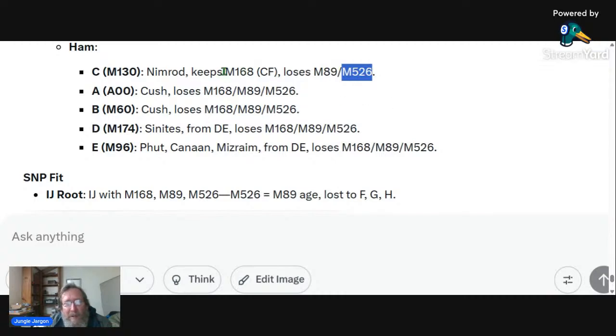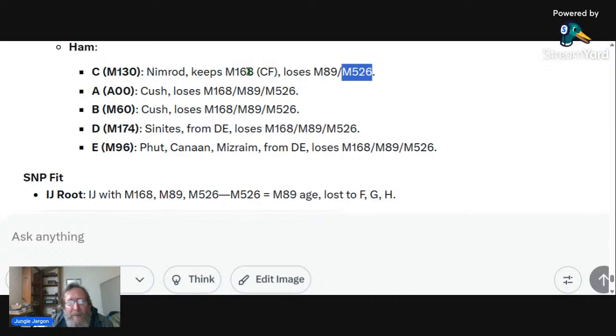So they're trying to use this marker to say that C produced the rest of the world, that C is the branch that the rest of the world branched off of. But we know that Nimrod didn't produce Shem, didn't produce Japheth. They have a common ancestor, which is possible.